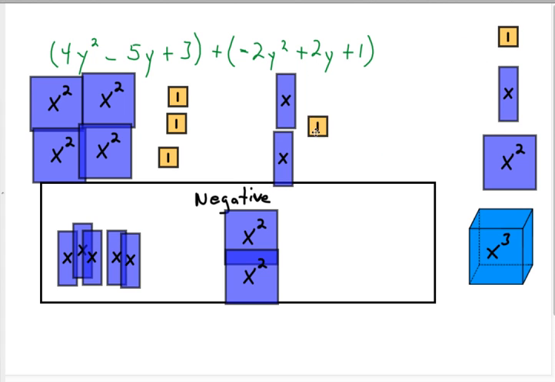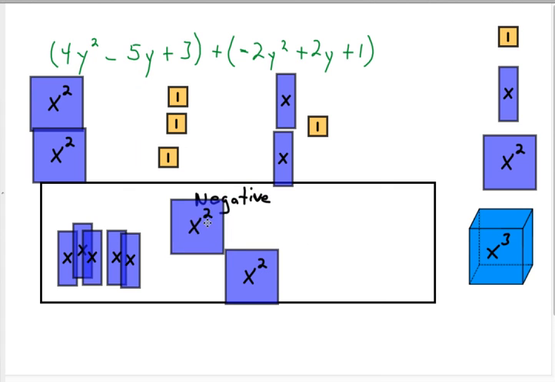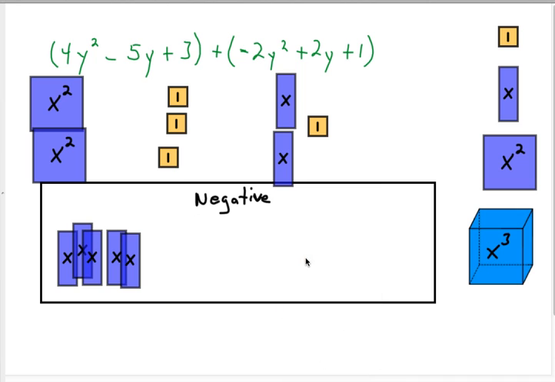And plus 1. Well, to combine like terms that are positive and negative, we actually subtract them out. So when we combine a positive and a negative x squared, they just go away. And we're going to combine another positive x squared and a negative x squared, and it's going to go away. Same thing with the x's.